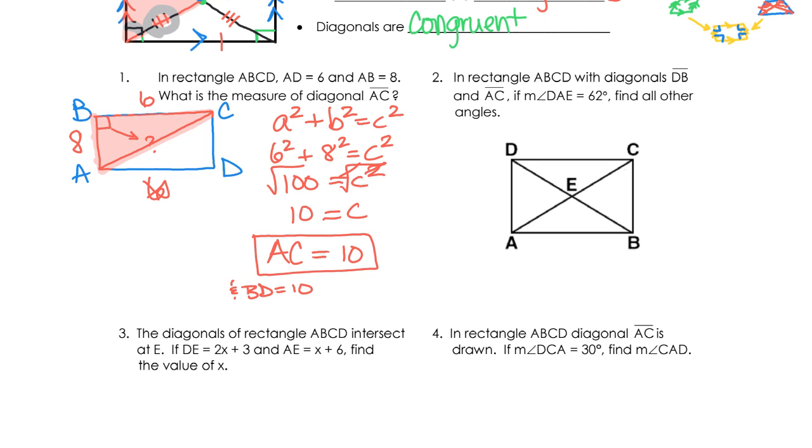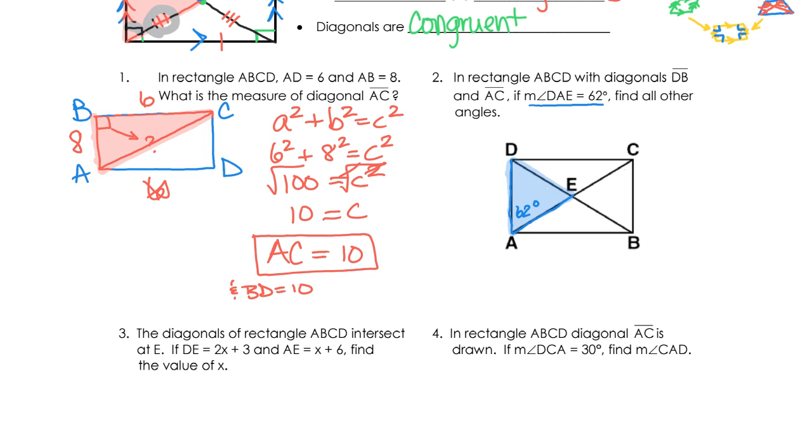Okay. In number 2, it says in rectangle ABCD with diagonals DB and AC, if the measure of angle DAE, D to A to E, is 62 degrees, find all other angles. Ooh, okay. So what we're going to do is highlight this triangle.